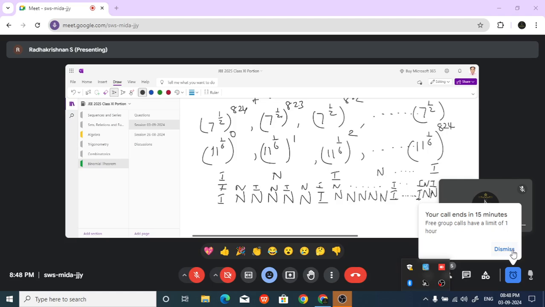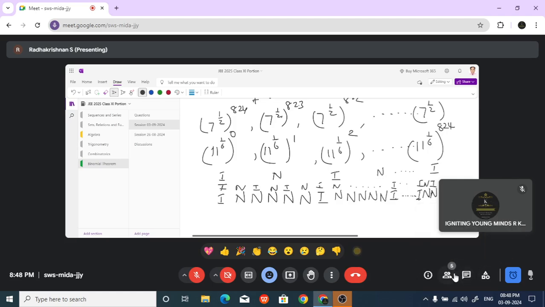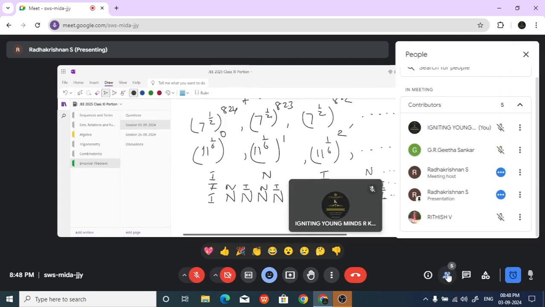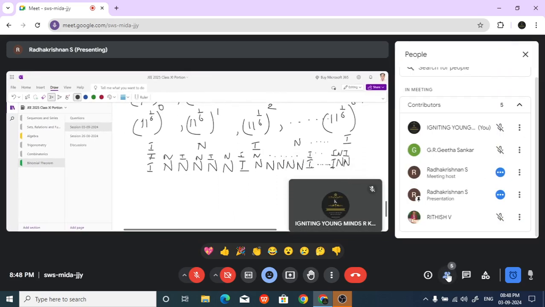Yeah, you count and tell me how many terms. We can write it like this: 1, 2, 3, 4, 5, 6, 7, then 13, and so on until 823. This is the AP. So you have to count the number of terms in this AP.